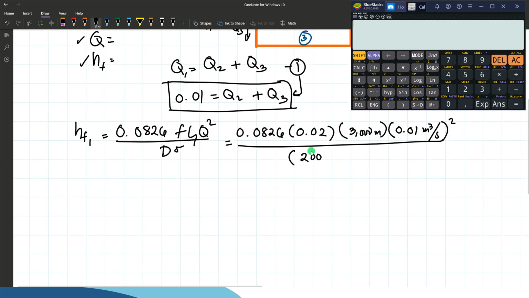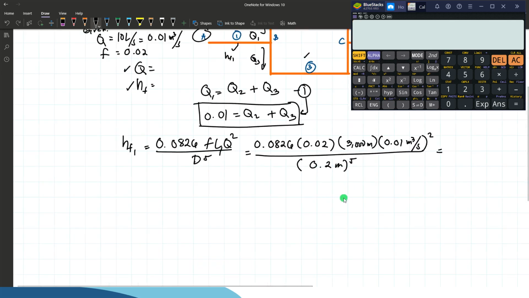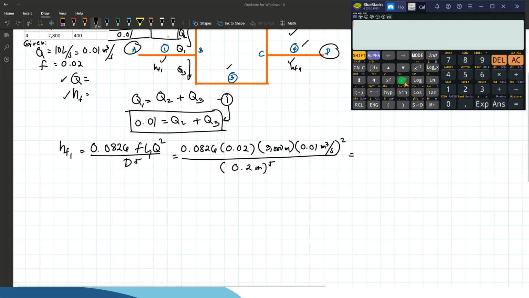Is it in mm? In mm, so that's 0.2 meter raised to 5. So the head loss at pipe number 1 is 1.54875 meters.